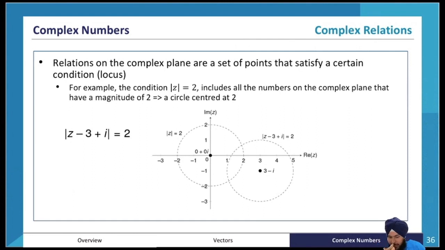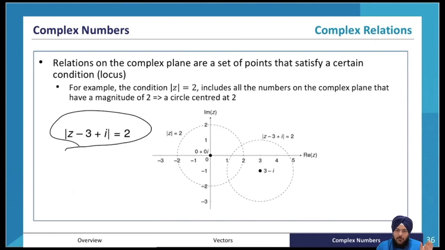We look at it from a geometric point of view as opposed to an algebraic point of view. Now, what about if we had this? Again, it implies a circle with a radius of 2, but now we have a shift. And that shift is z minus 3 plus i.